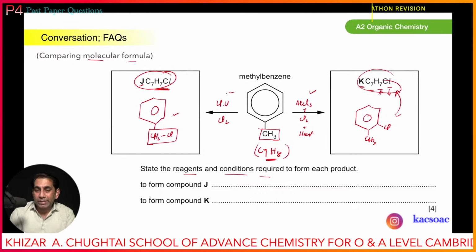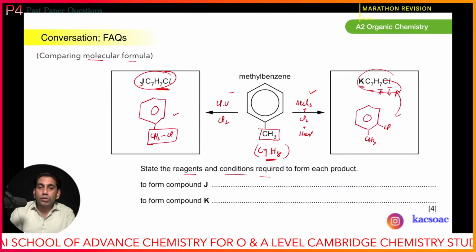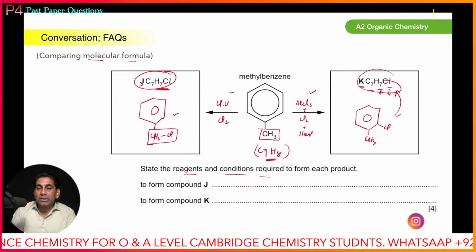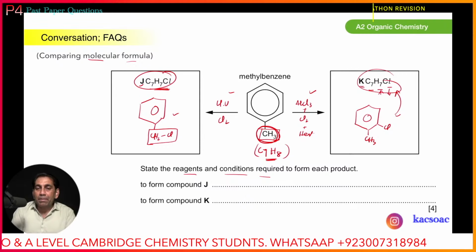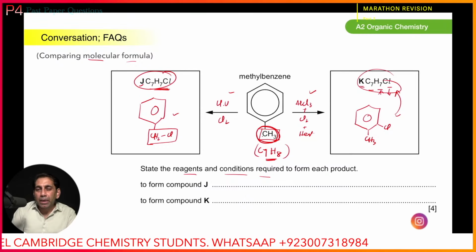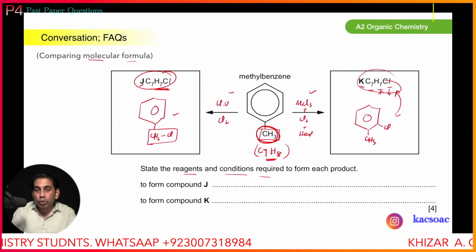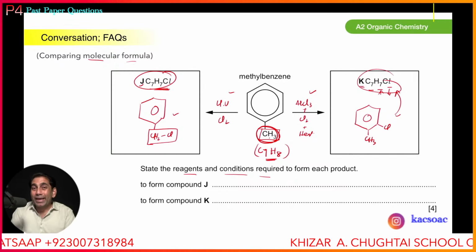Just keep in mind that whenever you treat a benzene ring, you have 5 major reactions of the benzene ring, and then you will see its substituent. This substituent may be an alkyl group, a nitro group, an NH2 group, a keto group, or an acidic group.